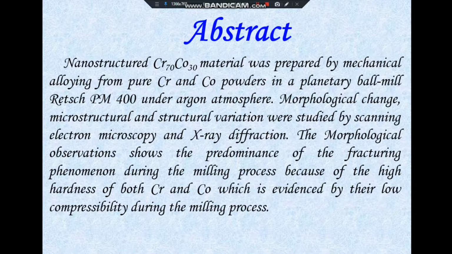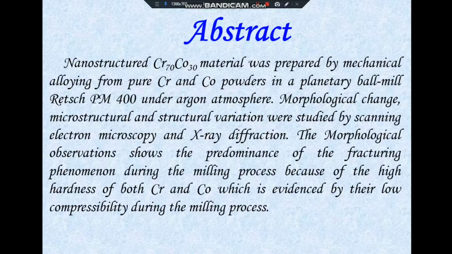Nanostructured chromium-70 cobalt-30 material was prepared by mechanical alloying from pure chromium and cobalt powders in a planetary ball mill, Retsch PM 400, under argon atmosphere. So we get some morphological change, microstructural and structural variation.